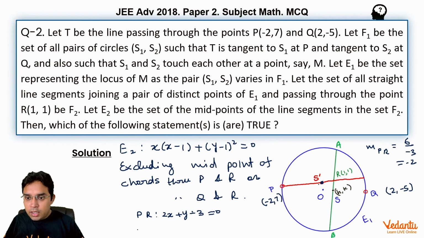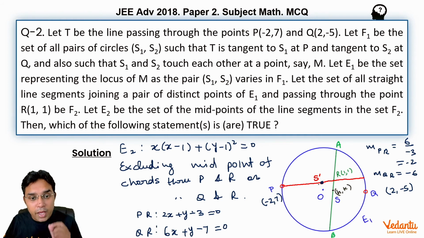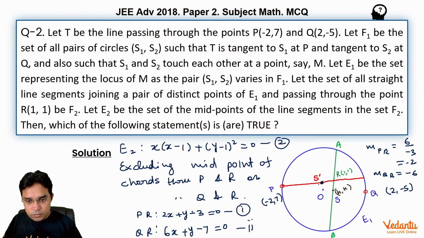And similarly, for the equation of QR, the slope of QR is equal to minus 6 only. So its equation will be 6x plus y minus 7 is equal to 0. So we have to exclude those points which will be lying simultaneously on this equation number 2 and these lines, let us say 1 and 2.